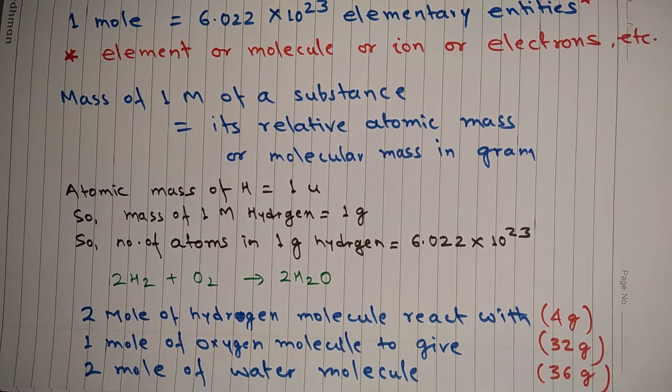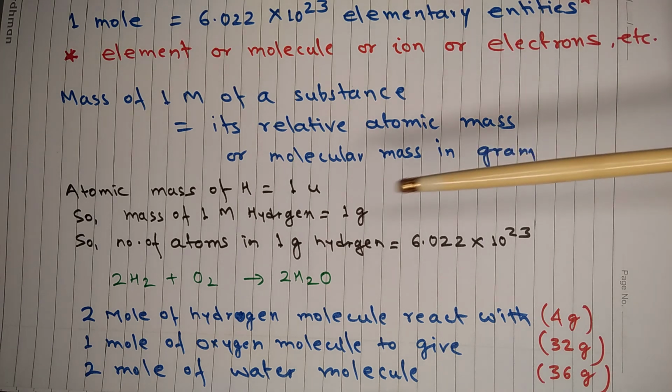Similarly, atomic mass of oxygen is 16 U. So mass of 1 mole of oxygen will be 16 gram, and number of atoms in 16 gram oxygen will be 6.022 into 10 power 23.